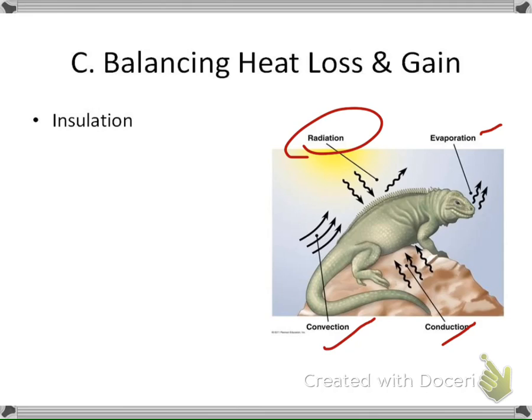Insulation reduces... Hang on. You know me, I can't read my notes. Insulation is going to reduce the flow of heat between an animal and its environment. This is things like hair, feathers, and fat.